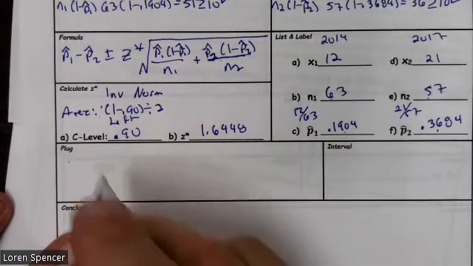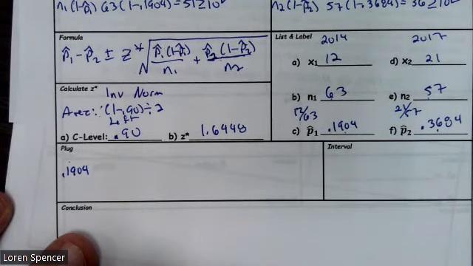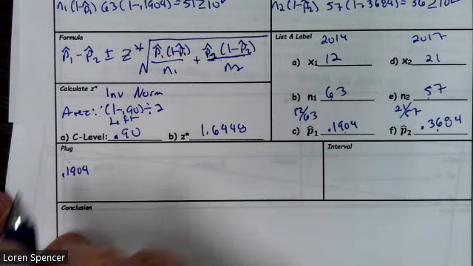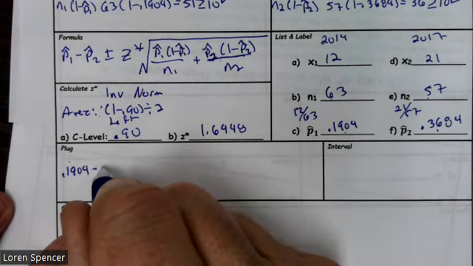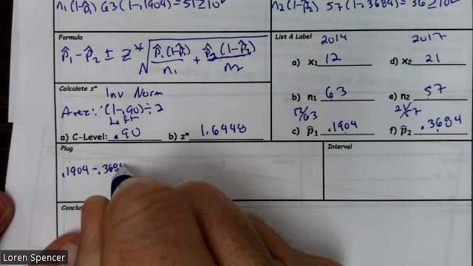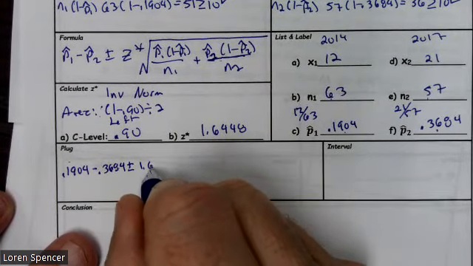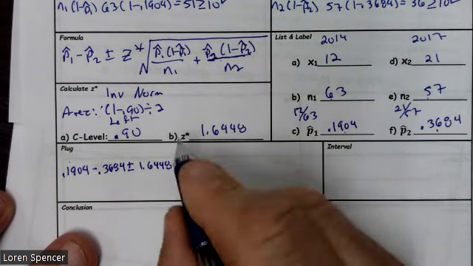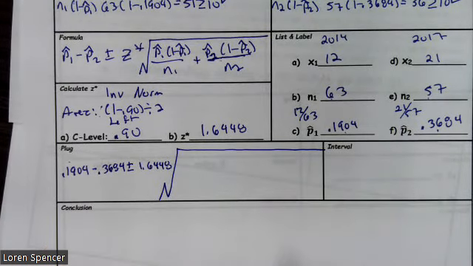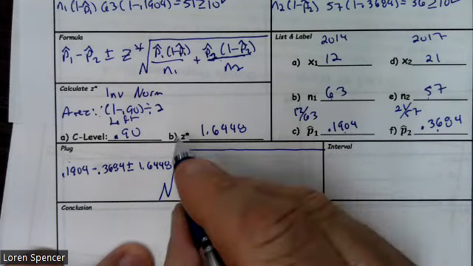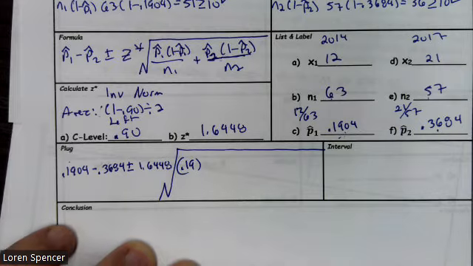All right. So that's our z star, and now we can start plugging into our formula. So 0.1904, that percentage, 19%, were resistant in 2014 minus the percentage is 0.3684 in 2017 plus or minus 1.6448. And 0.19, I'm going to go ahead and shorten this up just because I'm short on space.